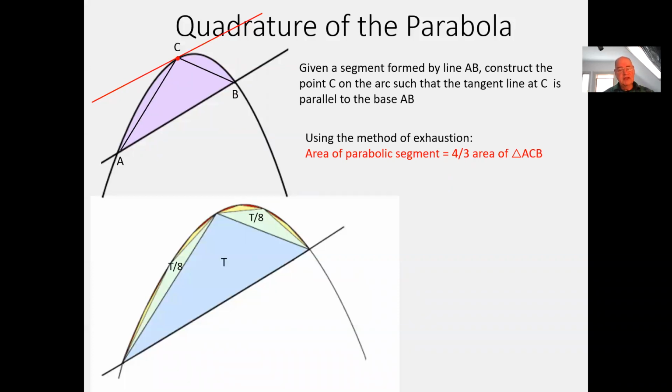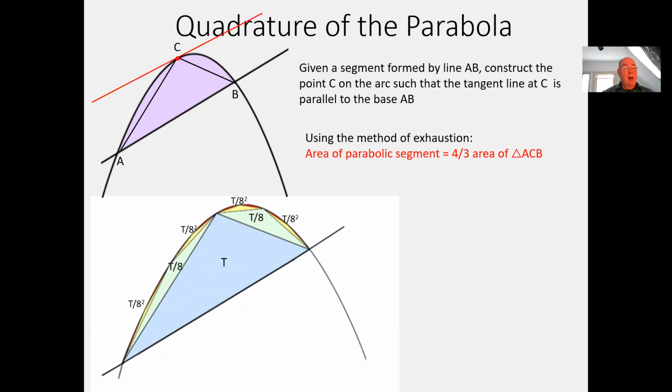I think we left off here with the result that we saw in the very first lecture, that he takes a parabolic segment and takes a very natural triangle from that segment. By natural, I mean he finds a point on the segment in which the tangent line is parallel to the base of his segment, and he uses that point to create a triangle. In that sense, it's a very natural kind of mathematical point.